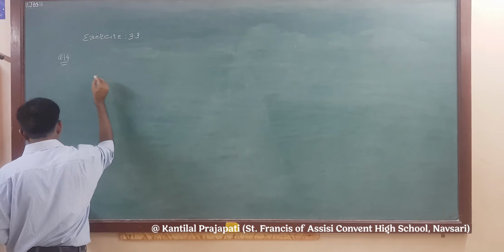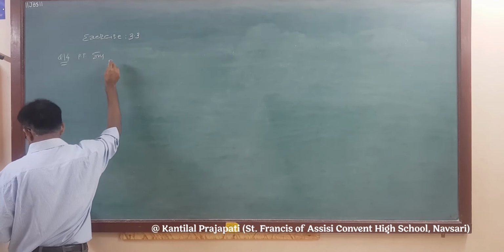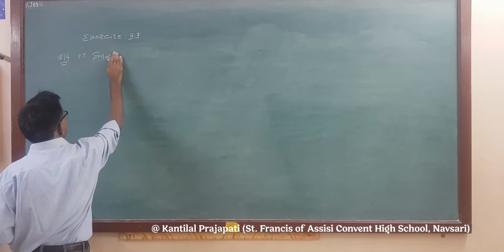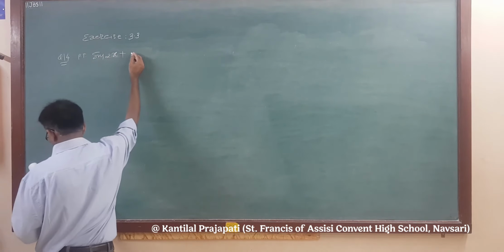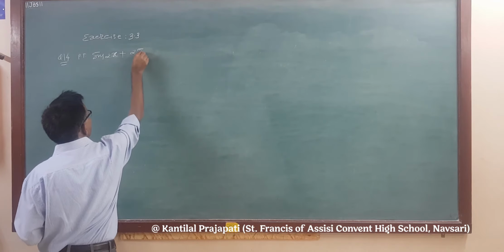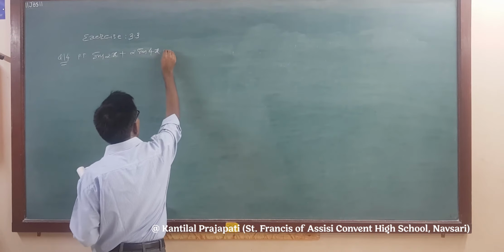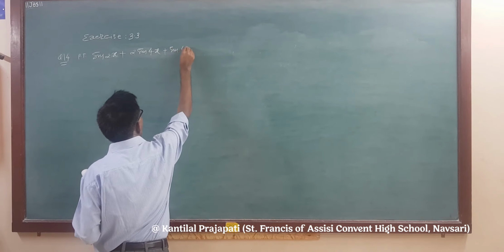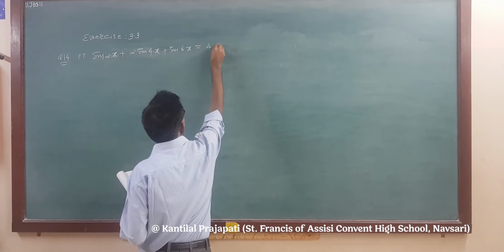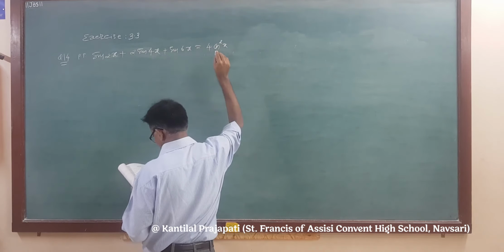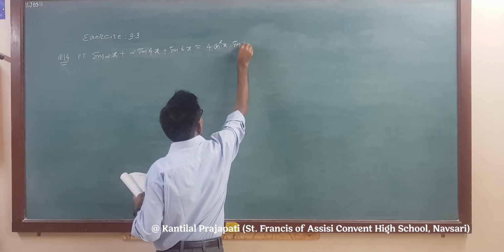Prove that sin 2x plus 2 sin 4x plus sin 6x is equal to 4 cos square x into sin 4x.